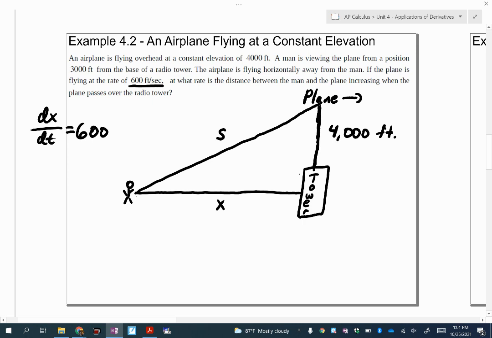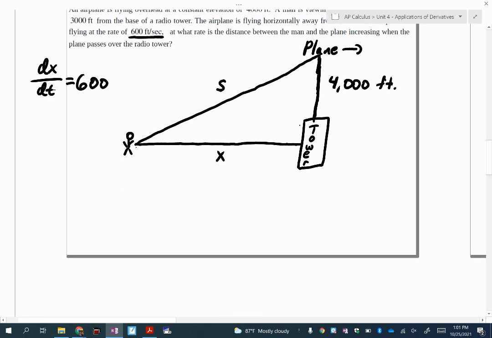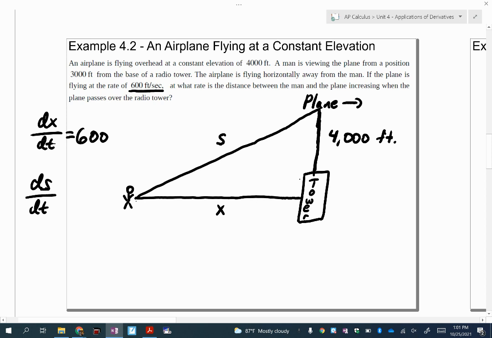So essentially, I'm going to be trying to find ds over dt. So I'm going to put that over here. ds over dt: the rate at which the distance between the man and the plane is increasing when the airplane is directly over the tower. So that's what I'm trying to solve for.